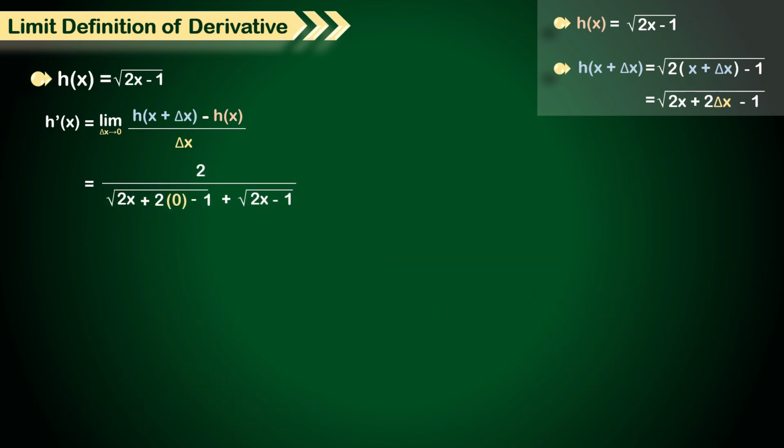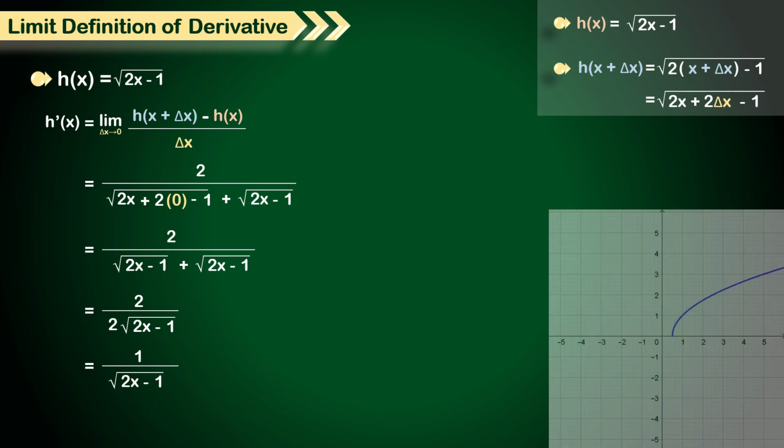Equal to 2 over the sum of the square root of 2x minus 1 and the square root of 2x minus 1. Combine similar terms and it is equal to 2 over 2 square root of 2x minus 1. Get the lowest term. The derivative of the function is equal to 1 over the square root of 2x minus 1.